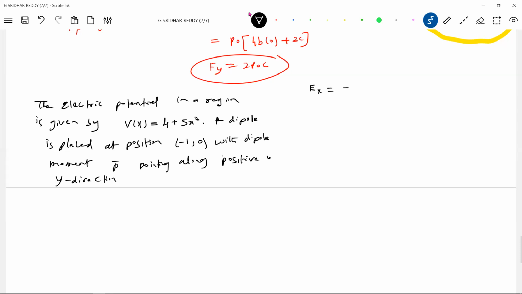E of x should be equal to minus dV by dx. So this will become equal to minus 10x. So what should be the direction? Is it a uniform or non-uniform electric field? Let it be a non-uniform electric field. Then it's asking the force acting on the dipole kept at this particular point.